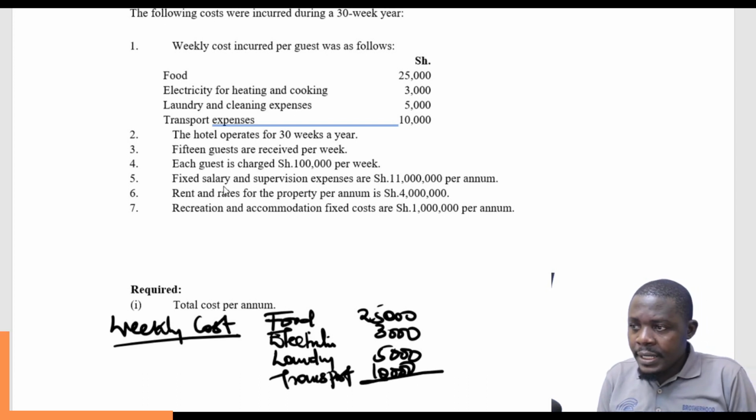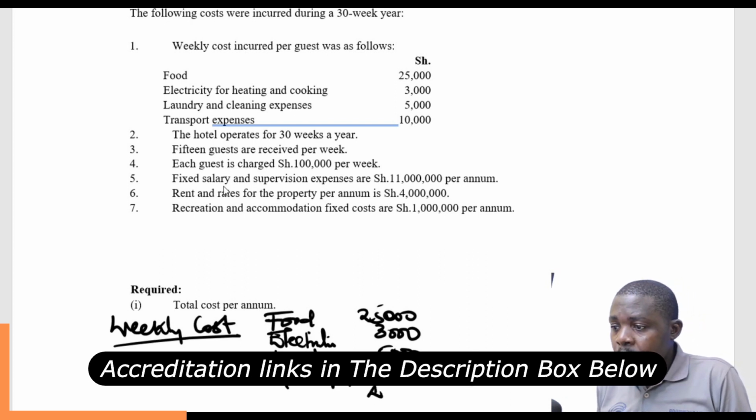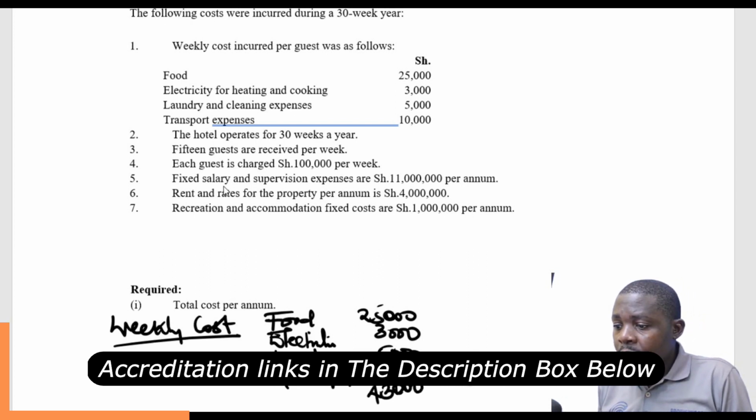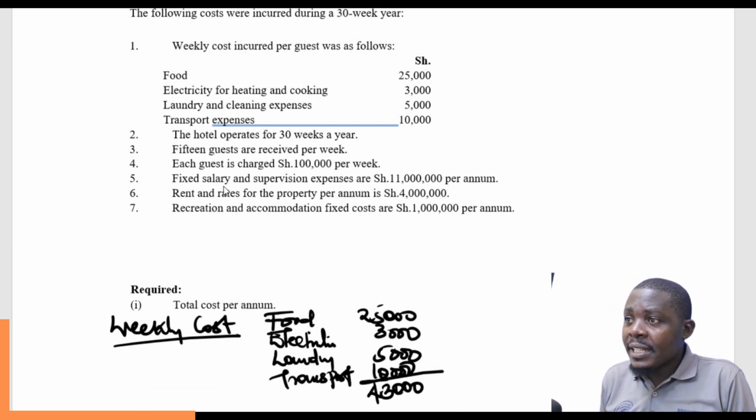Cumulatively, we have 25 plus 3 plus 5 plus 10, which gives 43,000. But remember that is weekly, and we had 30 weeks.